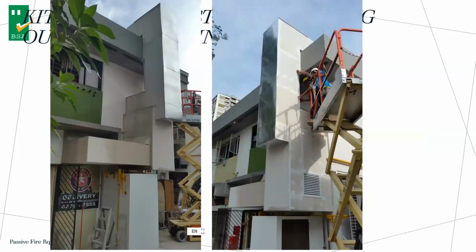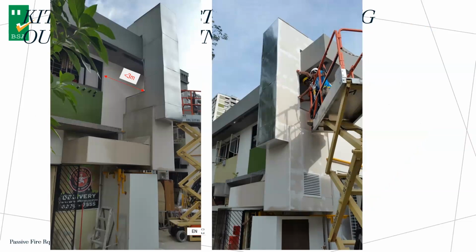I show you a real example. Here is a kitchen duct from a restaurant downstairs. It is less than 3 meters from the window. In this case, the entire external kitchen exhaust duct has to be fire rated. So in case there's a fire in the kitchen, this duct that draws the heat and fire out will not burn the neighbor.